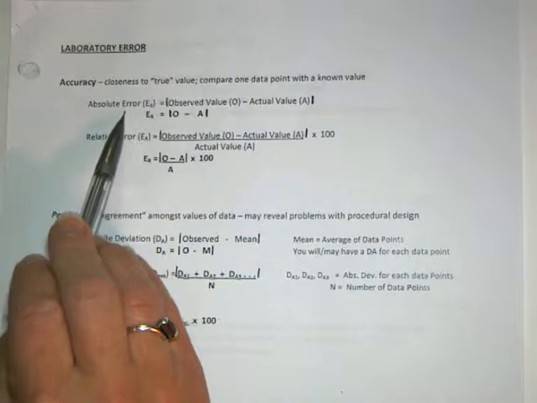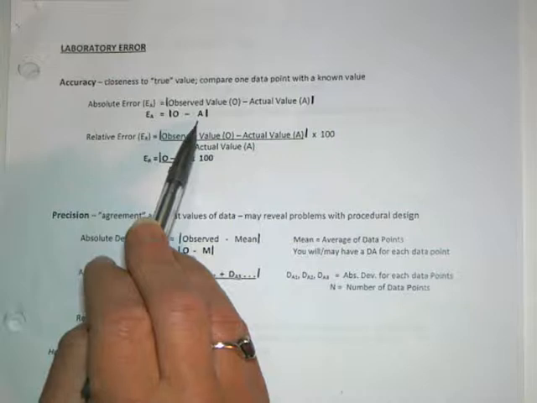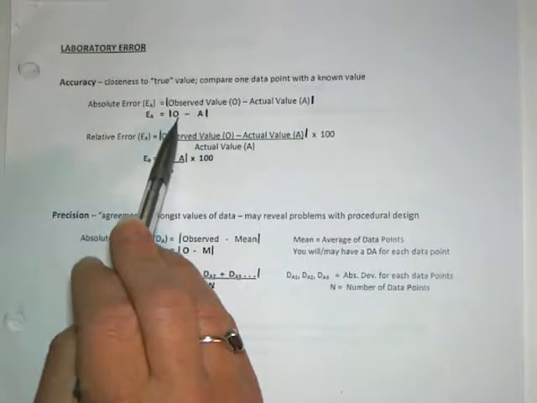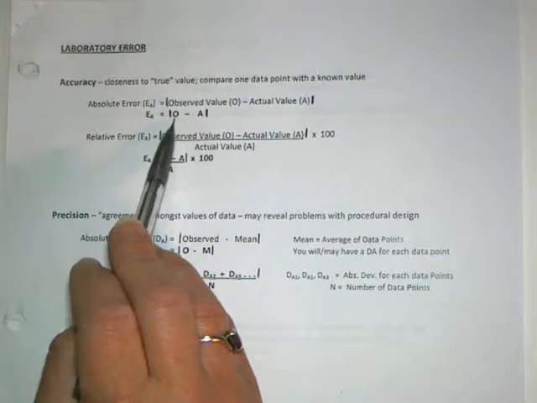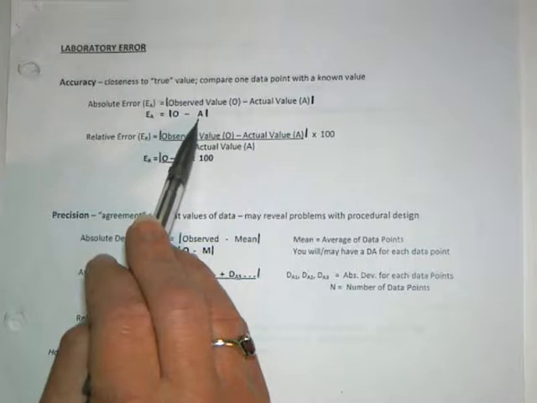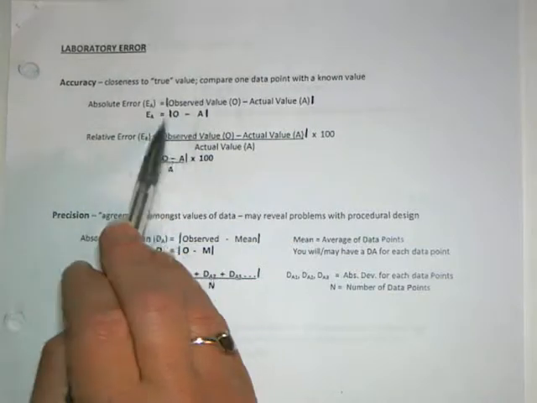Error, which now in AP Chemistry we're calling absolute error because we're always taking the absolute value, is just the difference between the actual or the experimental and the observed or the theoretical. Or we could have these be vice versa. The actual could be what you've obtained in experiment and then call this your theoretical. But it's the difference between the two.